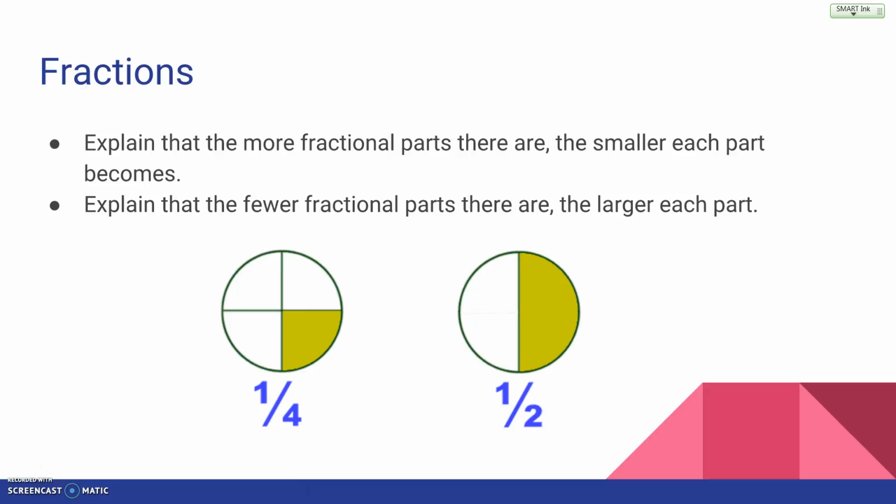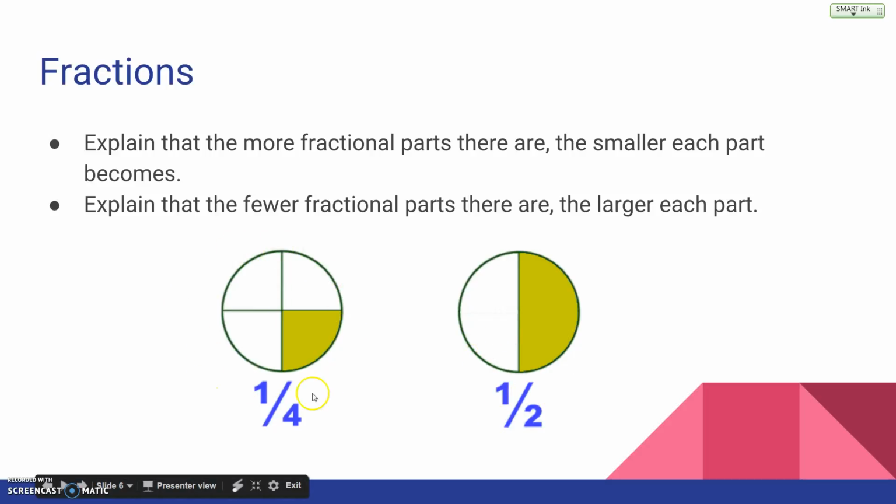So as we work with fractions, we start looking at fractions and having them explain what happened to the size of the pieces when I divide it into more parts. So here we have the circle and we divided it into 2 equal pieces.